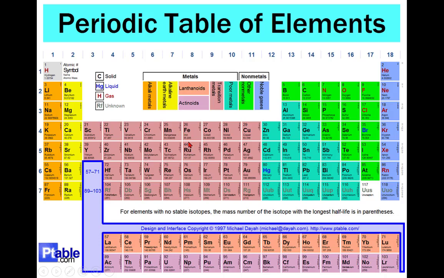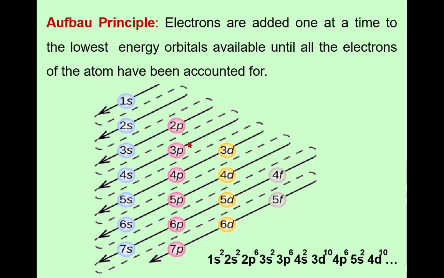Now let's revise a little bit the general electronic configuration. As you know, for general electronic configuration we use the Aufbau principle. According to the Aufbau principle, we place various orbitals according to energy level, and the orbitals are filled up by energy level.